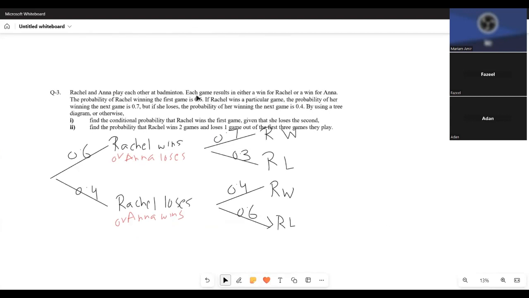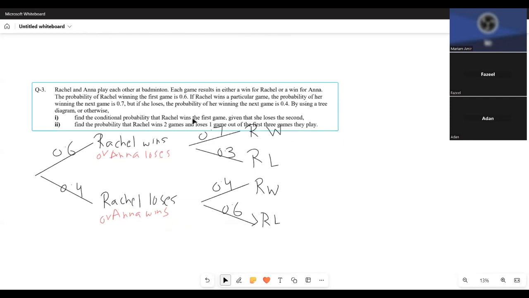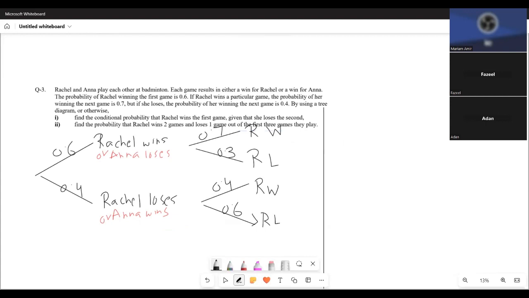Find the conditional probability that Rachel wins the first game given that she loses the second game. Okay, conditional probability की बात हो रही है. I'm writing Rachel wins और first game को मैं 1 से represent करूँ.